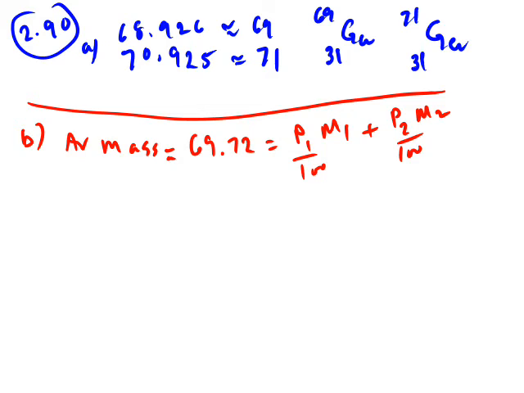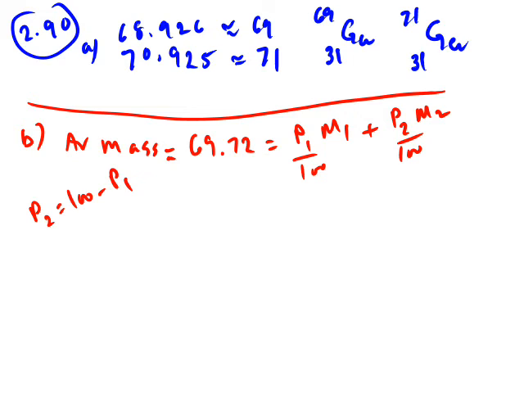Now, keep in mind there are only two isotopes in this particular case. If one is P1, P2 is going to be 100 minus P1. Think of it this way. If you have two different types of candies, and you have 50% of one of them, the other one would be the other 50%.